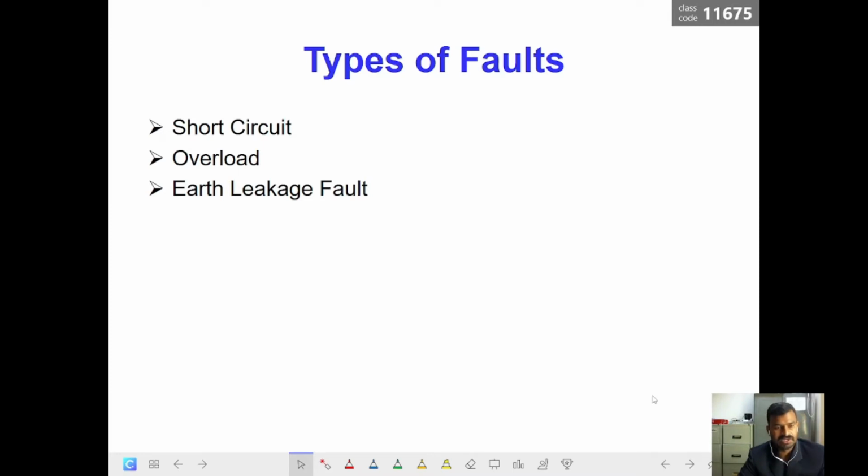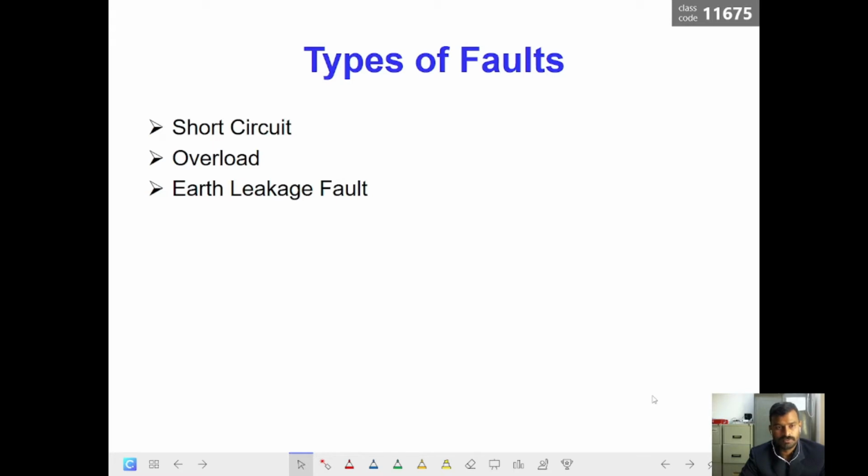So usually the leakage current won't be very high like short circuit currents, unless the line conductor directly touches the earth conductor. Anyhow, the leakage current is also as dangerous as the short circuit current. So we need to take care of these things.